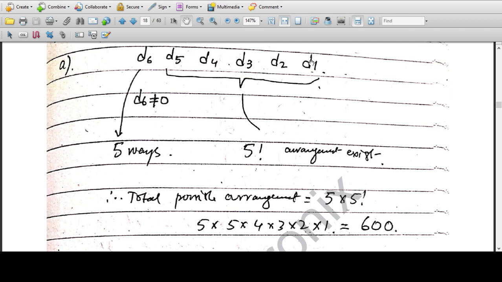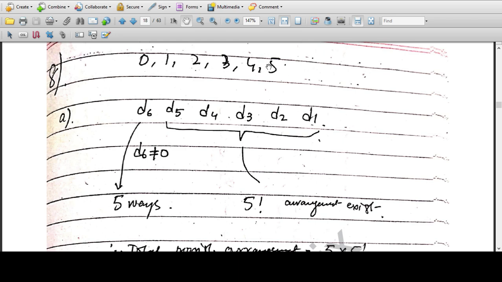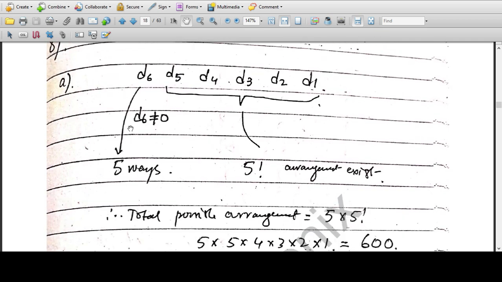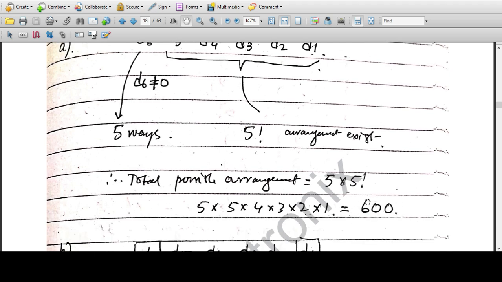If 5 is placed here, then 0 to 4 may be placed at the other places, that is 5 factorial, and similarly 4 may be placed here, 3, 2, 1 may be placed here, but not 0. So there are 5 ways that this digit may be placed, while the remaining digits may be placed in 5 factorial ways. So this is 5 into 5 factorial, for the condition that the most significant digit cannot be 0. This is equal to 600.